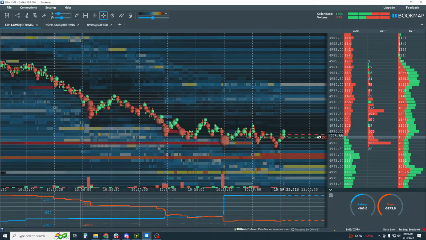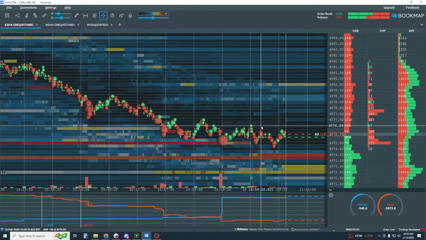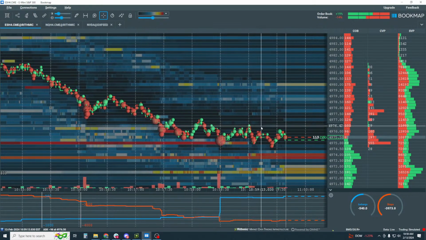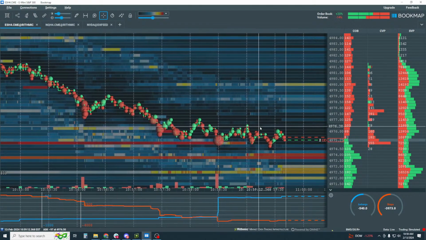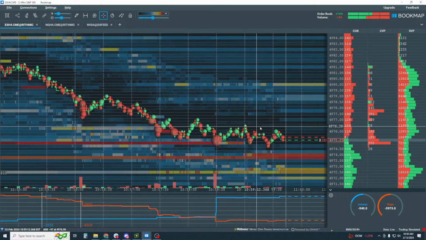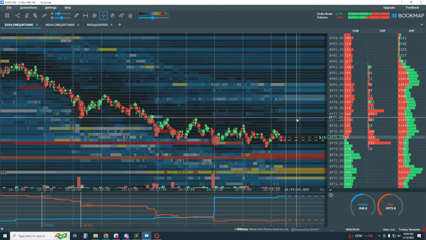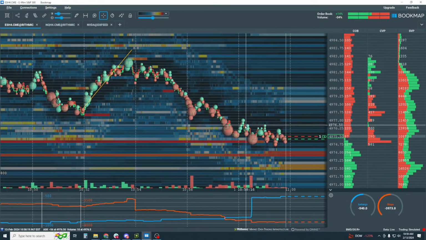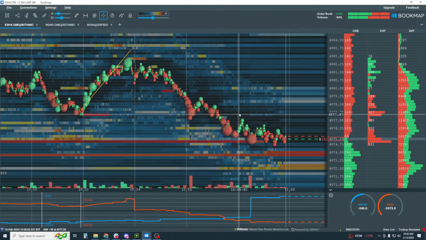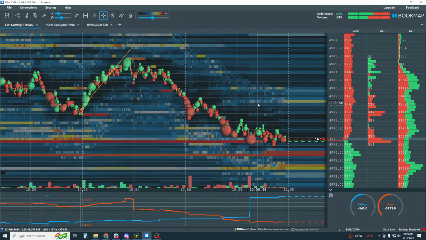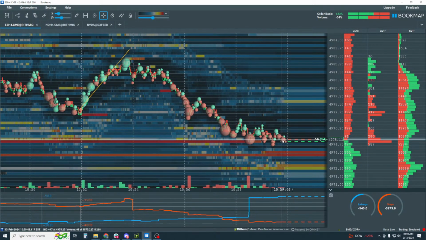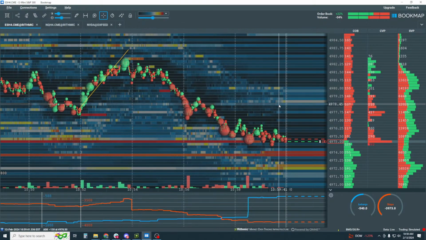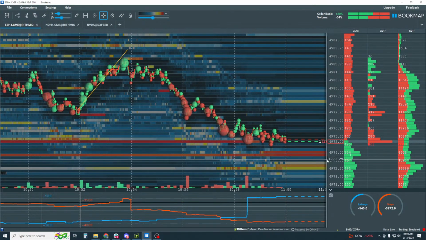Okay, a little bit better, but still need to see more up here. And the offer's starting to come in a bit too. So yeah, we're not ready for it. The move isn't ready yet. Okay, there's still more selling. They're more likely to press it down into 73 here. 74, I should say.